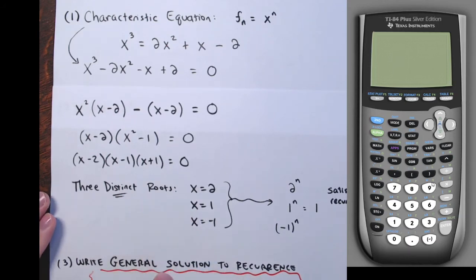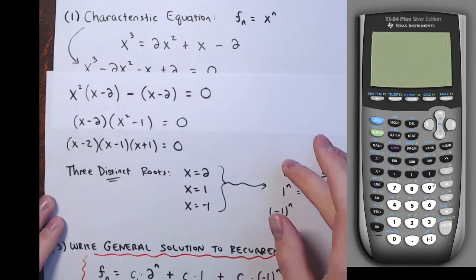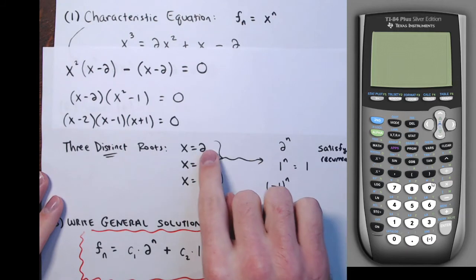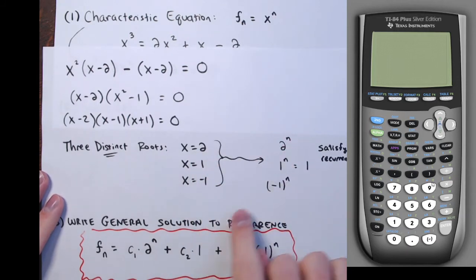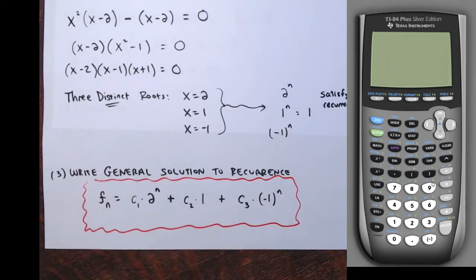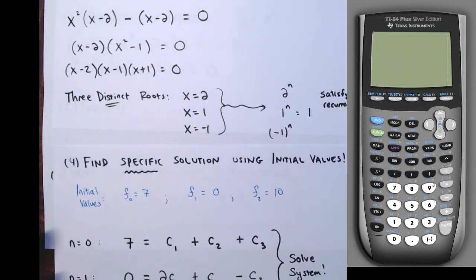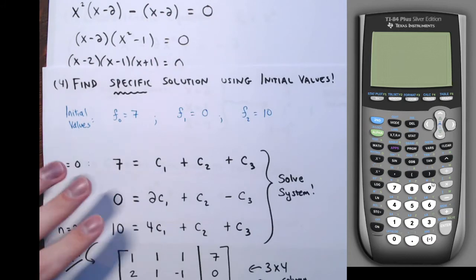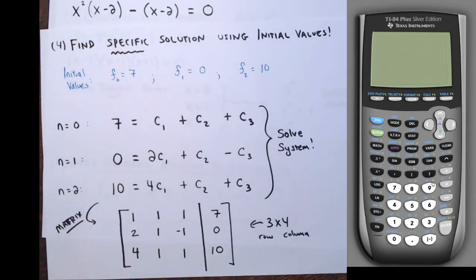None of them repeated. The next example is when there are repeated solutions. Then get your powers, those to the nth power. The general solution is a linear combination of those. Then plug in your initial values, get a system of equations, solve that system of equations, and get your specific solution.